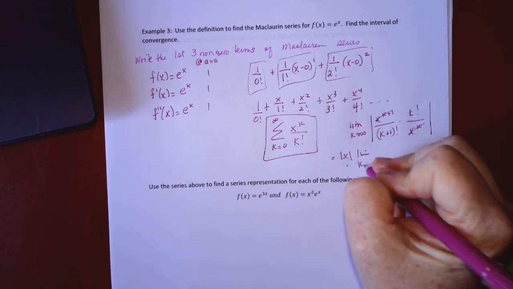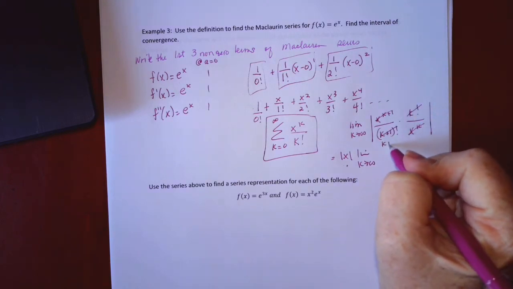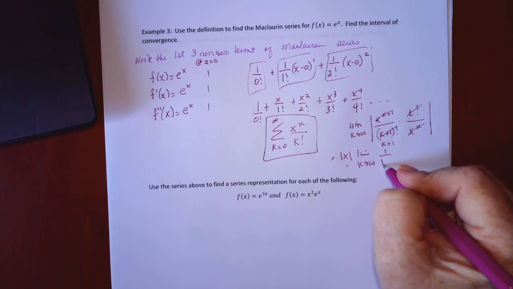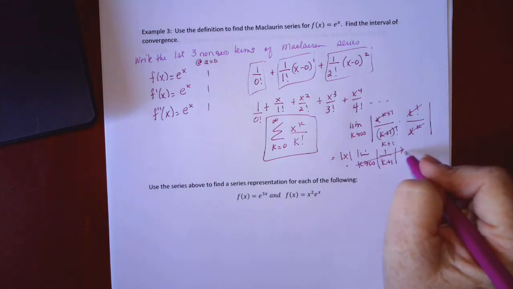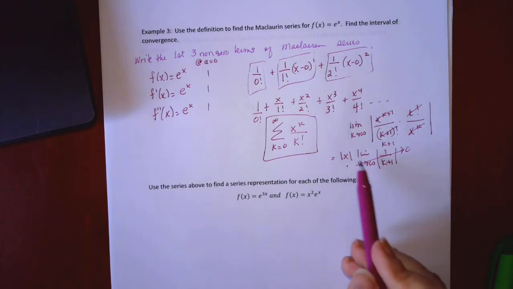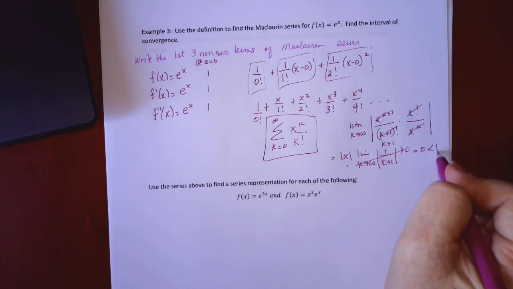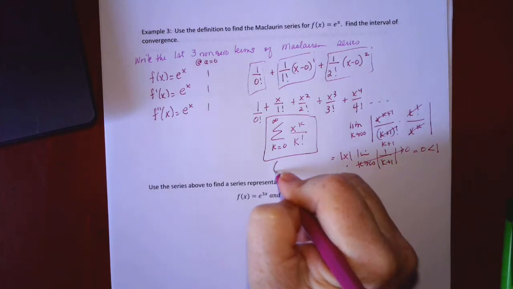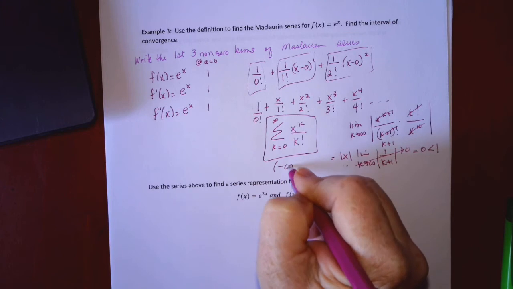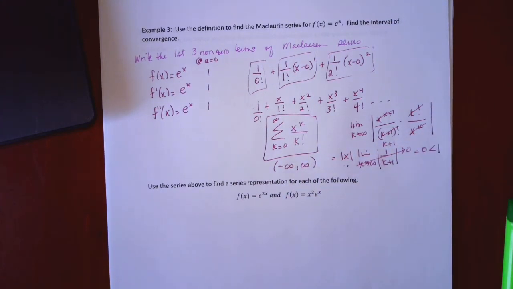The limit as k approaches infinity of k factorial cancels with k plus 1 factorial and leaves a 1 over k plus 1. This guy goes to 0, so that means the limit that we get is equal to 0, which is always less than 1, and our interval of convergence would be all real numbers or from negative infinity to positive infinity.